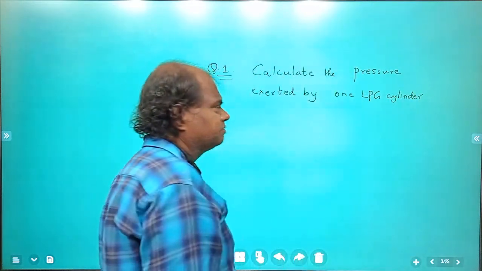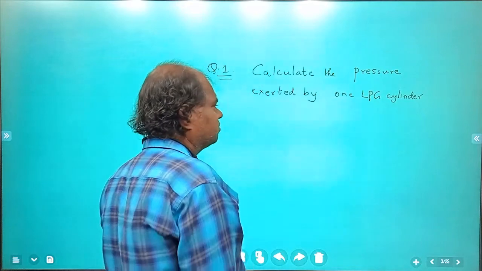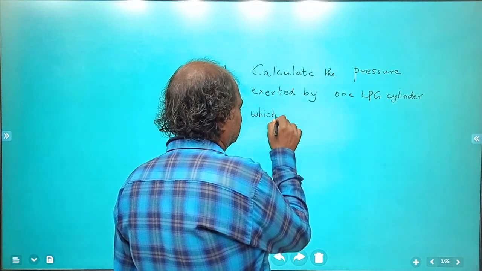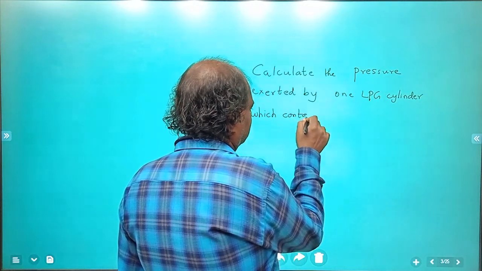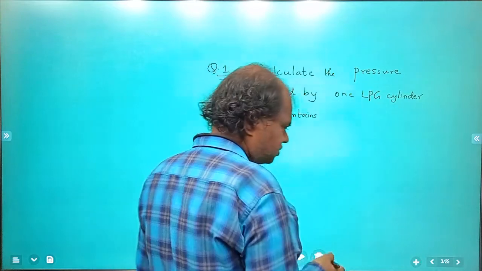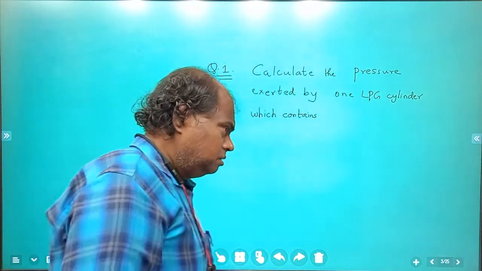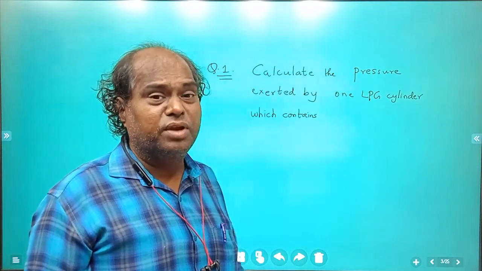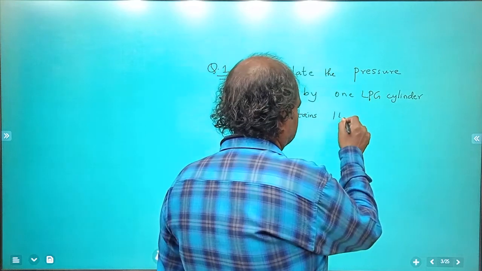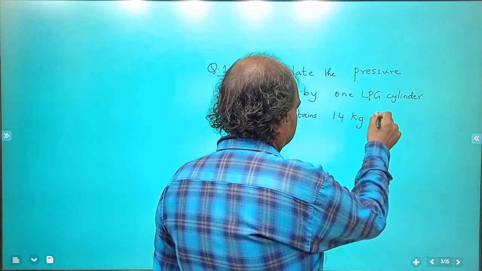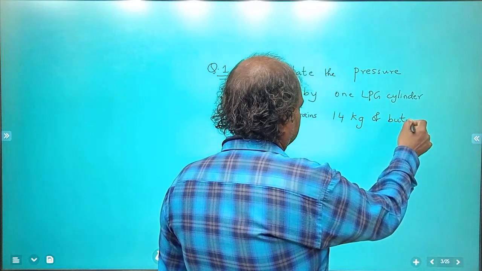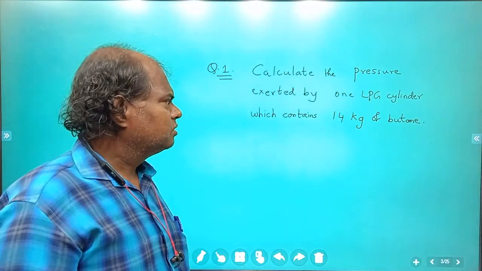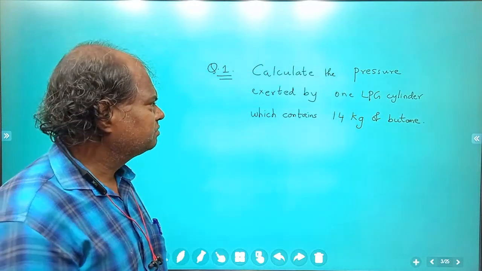By one LPG cylinder which contains, approximately, 14 kilograms of butane. So it's a big LPG cylinder, right? 14 kilograms of butane. Fine.